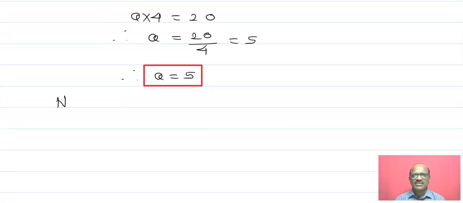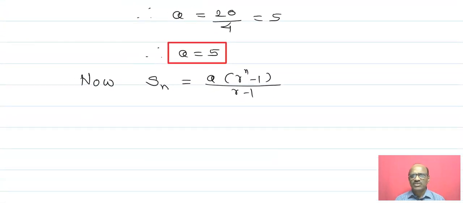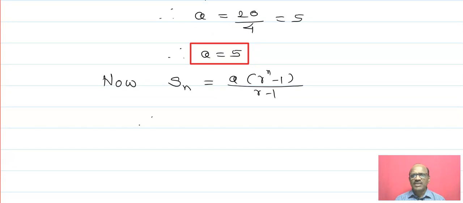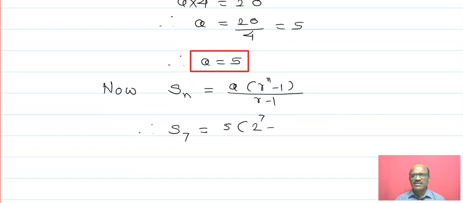Now therefore S7, that is Sn is equal to A in bracket 1 minus R raised to n upon 1 minus R, but because the value of R is greater than 1, therefore Sn is equal to A in bracket R raised to n minus 1 upon R minus 1. Therefore S7 is equal to 5 in bracket 2 raised to 7 minus 1 upon 2 minus 1.